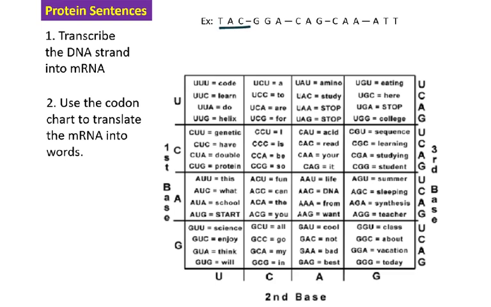So you say, all right, well, I know that's the DNA. So our first step is we have to make the transcription from DNA to mRNA. So remember, A's are going to go to U's because we're talking about uracils, because we're talking about RNA.